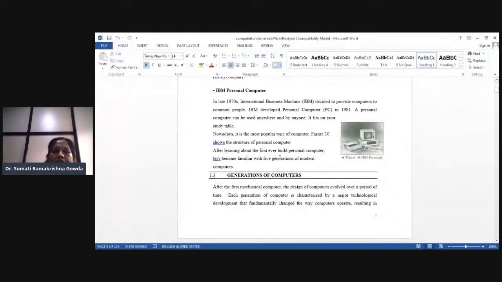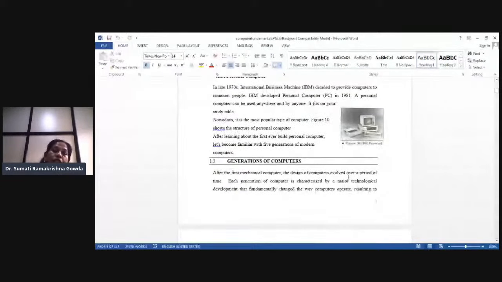After learning about the first ever built personal computer, let's become familiar with the 5 generations of modern computers. Now we have learned, students, the history of computers, how it started from the Stone Age. Then they designed ENIAC and EDVAC, the electronic computers.